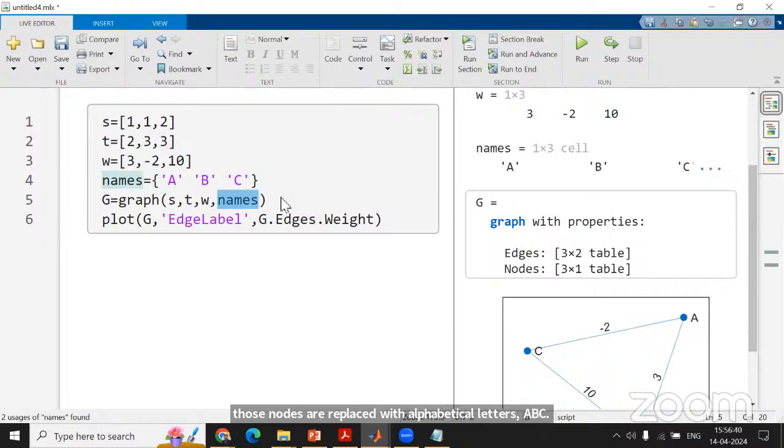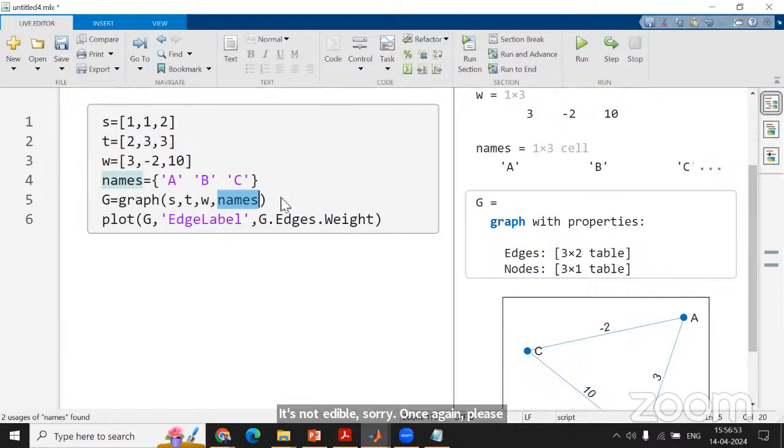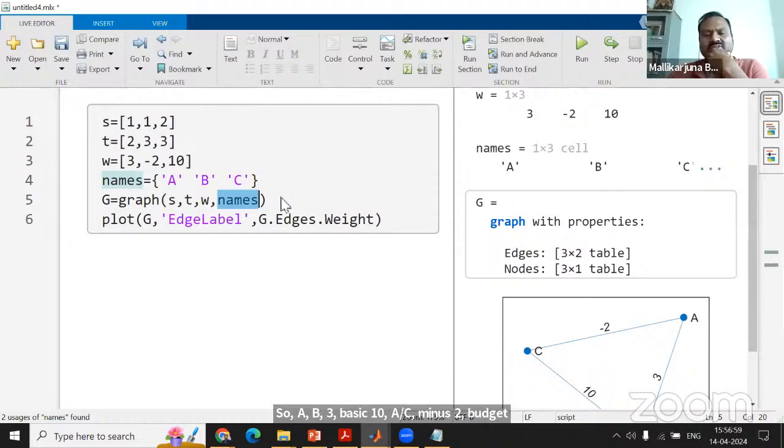Sir, so A, B is 3, B, C is 10, A, C is -2, are those the weights? Yes, those are weights. Okay, sir.